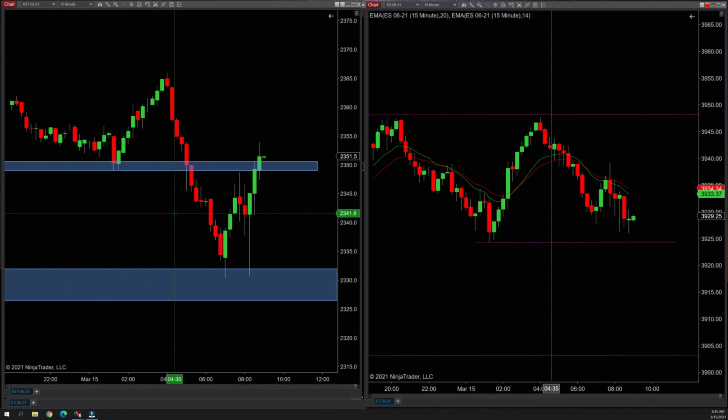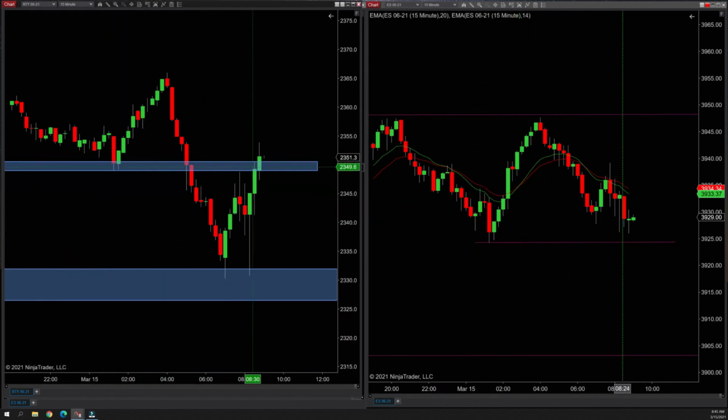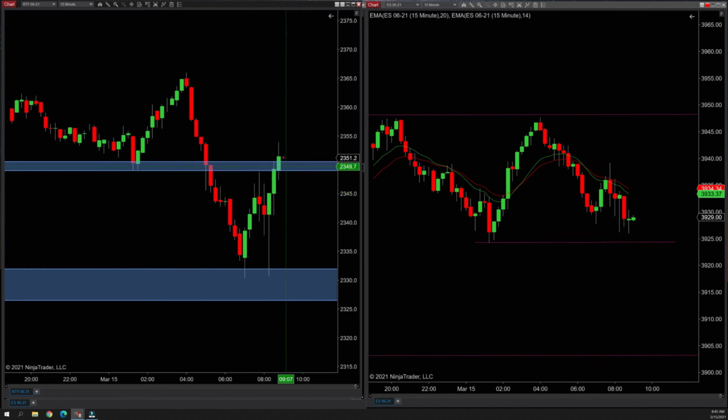Okay, Russell's looking, certainly isn't rolling over up here, not yet at least. It may never. This could continue to go up, and the ES could bounce here.